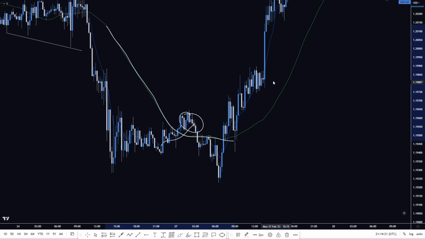There's no real signs like this that we're pushing to the upside. Straight away the blue line realigns, and then eventually the blue line crosses over, and now we actually get the fact that the green line is starting to curve to the upside. So now we would start looking for impulses and corrections to take trades bullish.